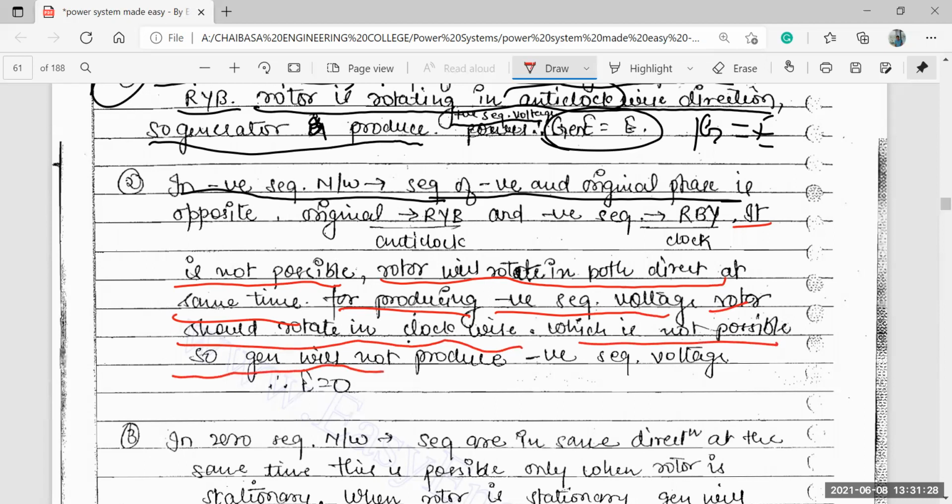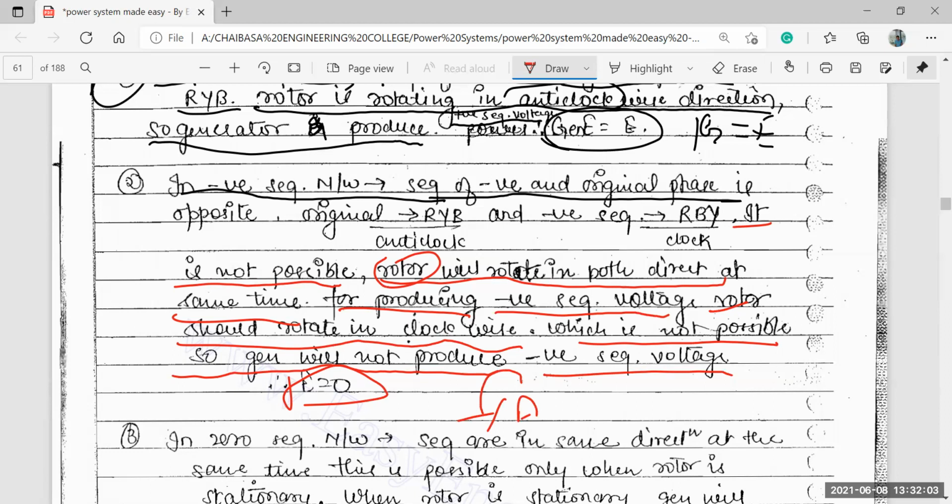So the generator will not produce negative sequence voltage, which means your E would be 0. This defines very clearly that it is not possible for the rotor to rotate in both directions, as it is rotating in the anti-clockwise direction.